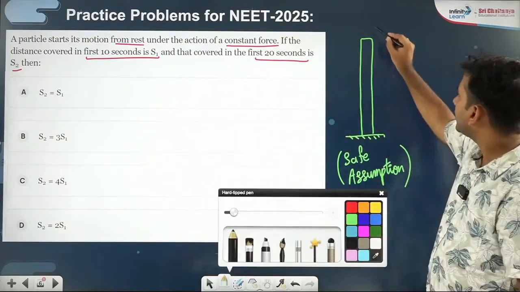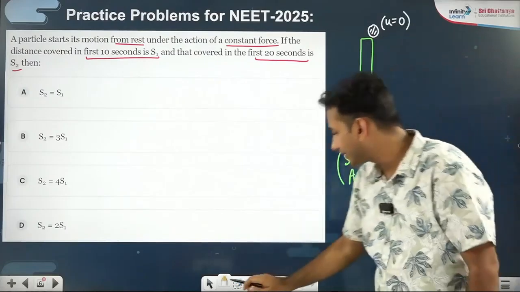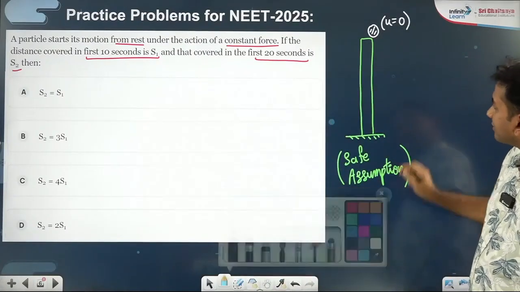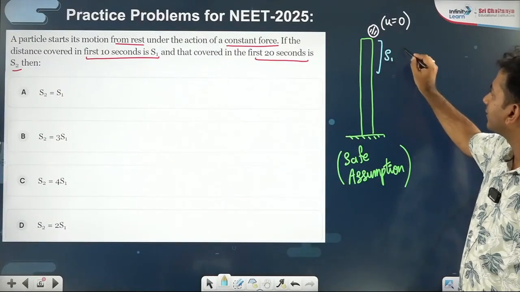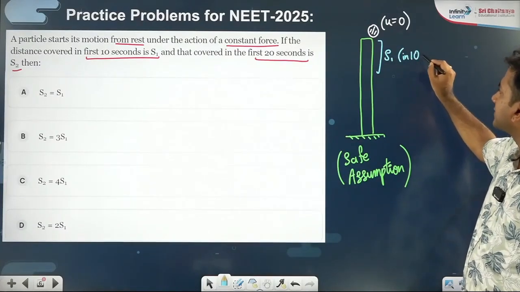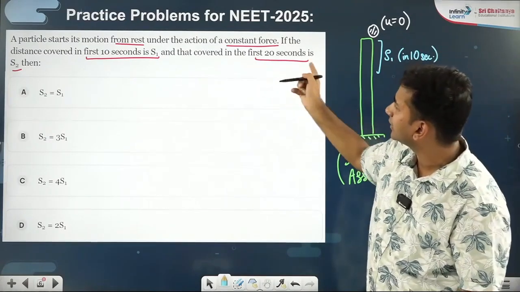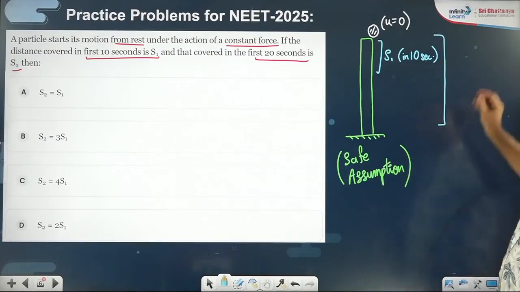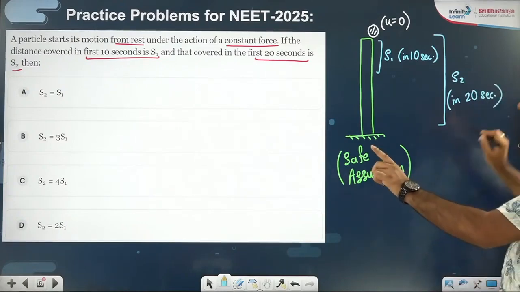From here, if the body is getting dropped, the initial velocity is 0, motion under gravity, free fall, then suppose it travels in the first 10 seconds, this is S1 in 10 seconds, and that covered in the first 20 seconds, from here to here, this one is S2 in 20 seconds. The first 20 seconds, not the next 20 seconds.